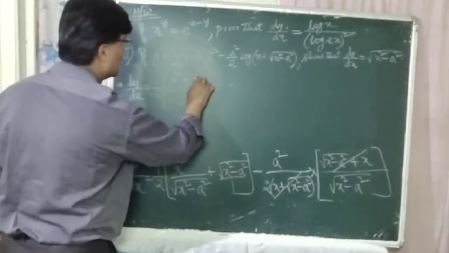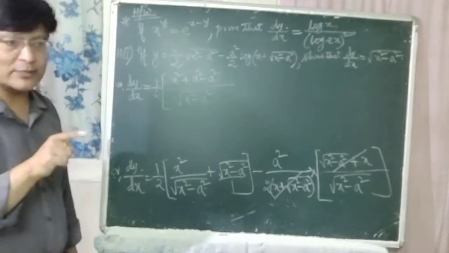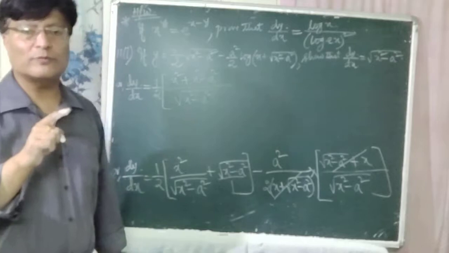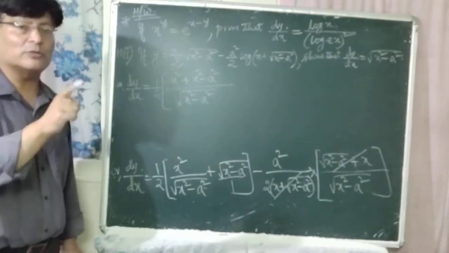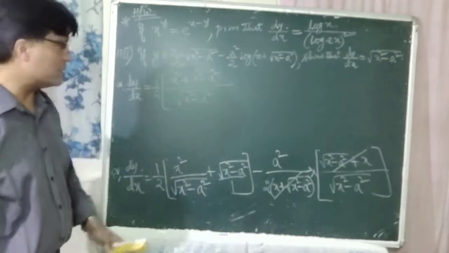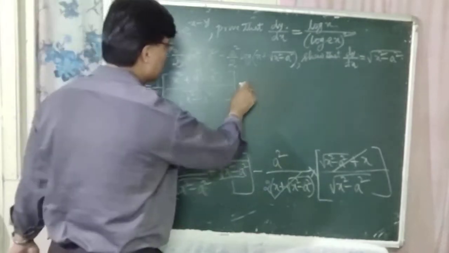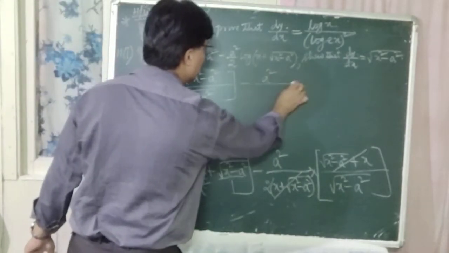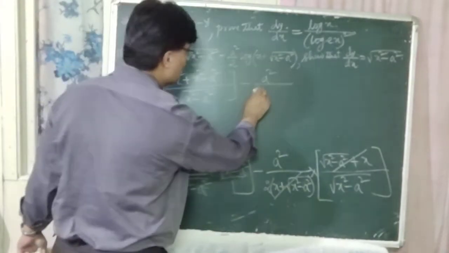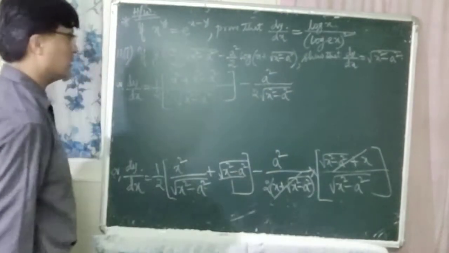What do we get? It is x square minus a square, right? Root over x square minus a square into root over x square minus a square is equal to root over whole square. So root over will be cancelled, so you get x square minus a square. So here third bracket is closed. What is the next one? Minus a square divided by, this is your 2 root over x square minus a square.